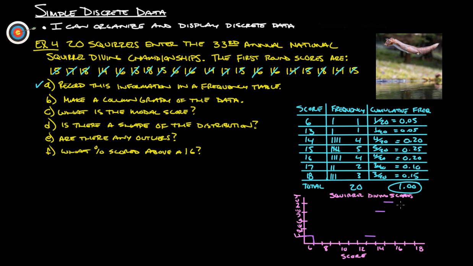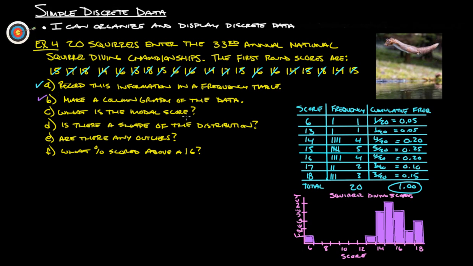And then we've got 4 at 16, 2 at 17, and 3 at 18. Okay, so here they all are filled in. Okay, so we have made our column graph.